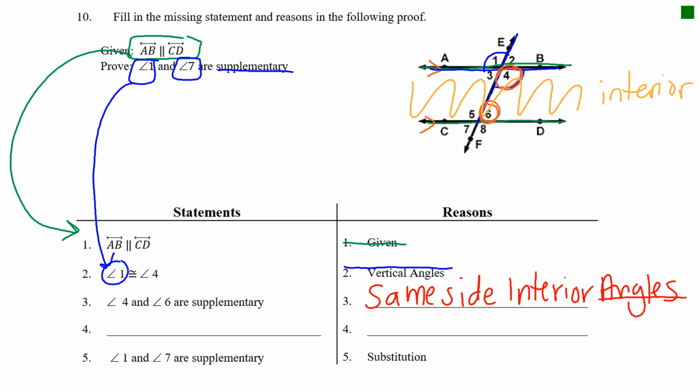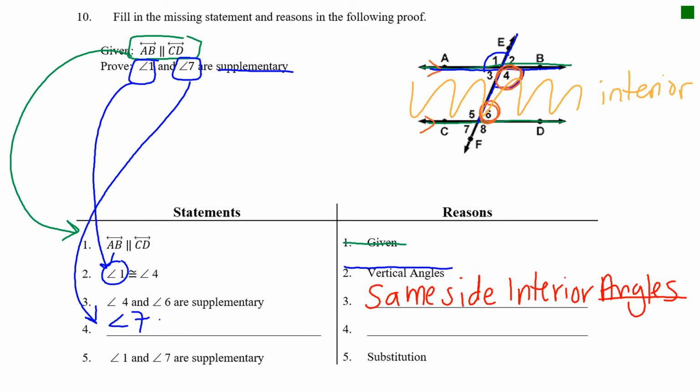All right? Now, statement number 4 is empty. However, I told you before, I wanted to prove that 1 and 7 were supplementary. So, we already said something about angle 1 in statement number 2. Makes sense that we're going to want to say something about angle 7 in statement number 4.